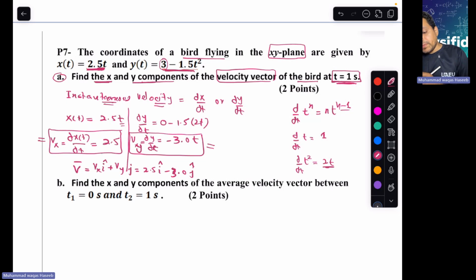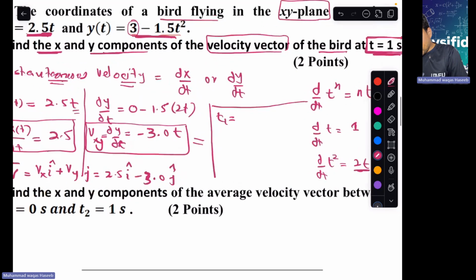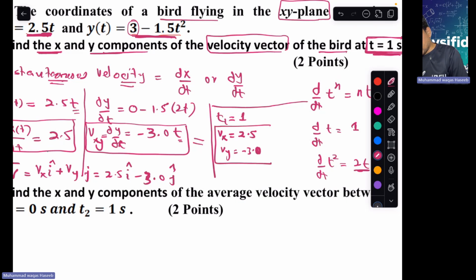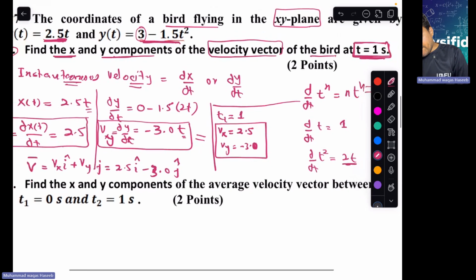Now we substitute t equals 1. Vx has no t, so it is 2.5, and for y we substitute 1, which gives minus 3.0. So this is the answer of the first part.